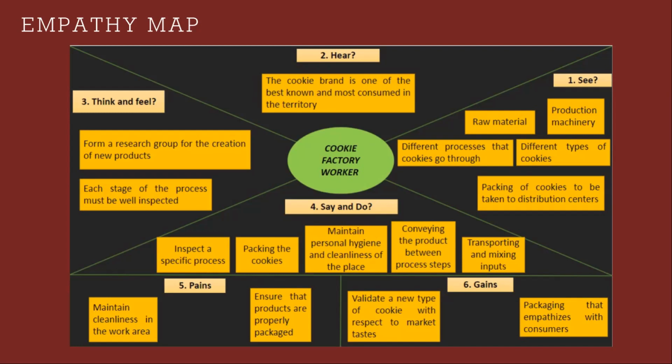Besides that, he hears that the company is one of the most consumed around him in the territory. He thinks that his work is really important to the company and needs to be really well done, because if not, it can lead to really complex mistakes.